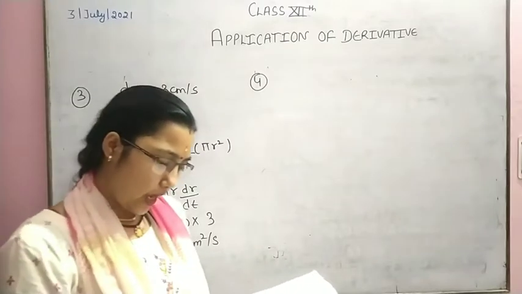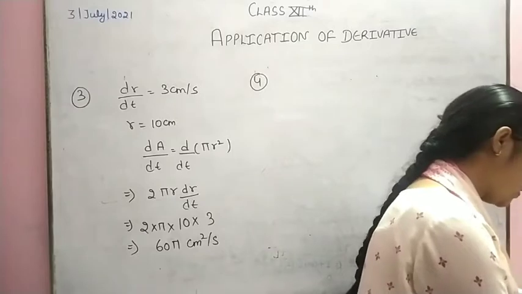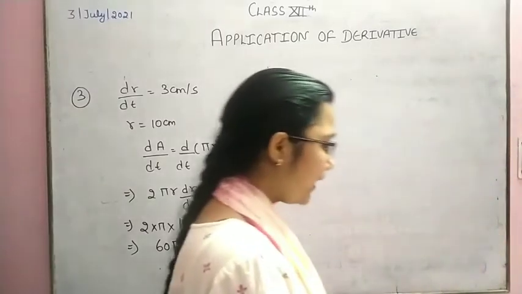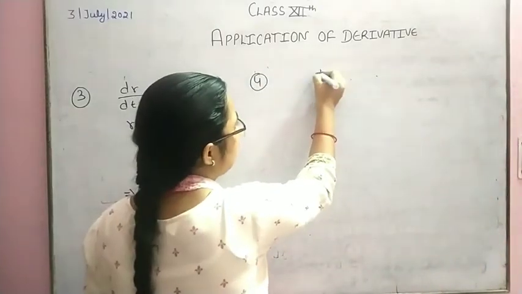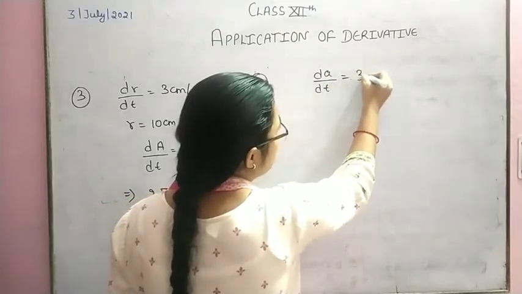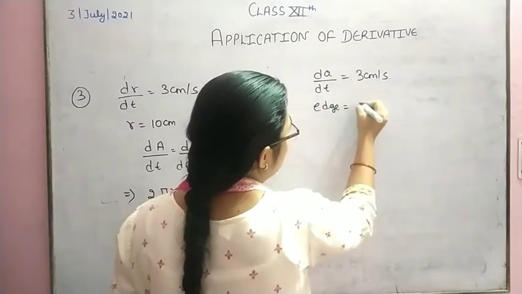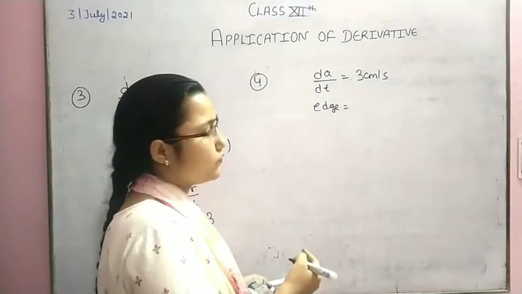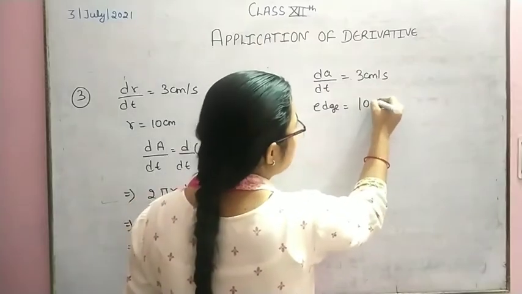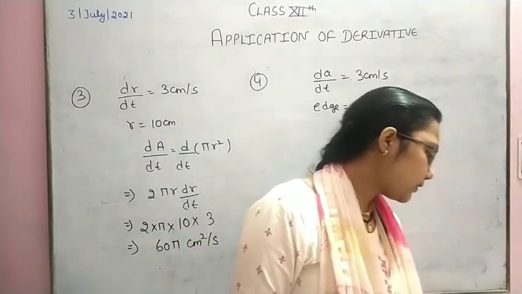In this question we have to find the rate of change of volume with respect to time, and it is given that the rate of change of edge of the cube is 3 centimeter per second, and the value of the edge at which we have to find the rate of change of volume is 10 centimeter. Correct?